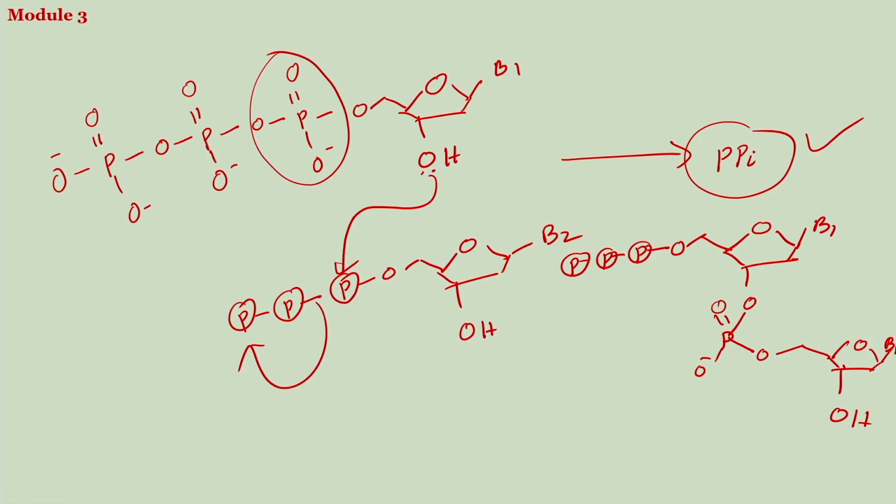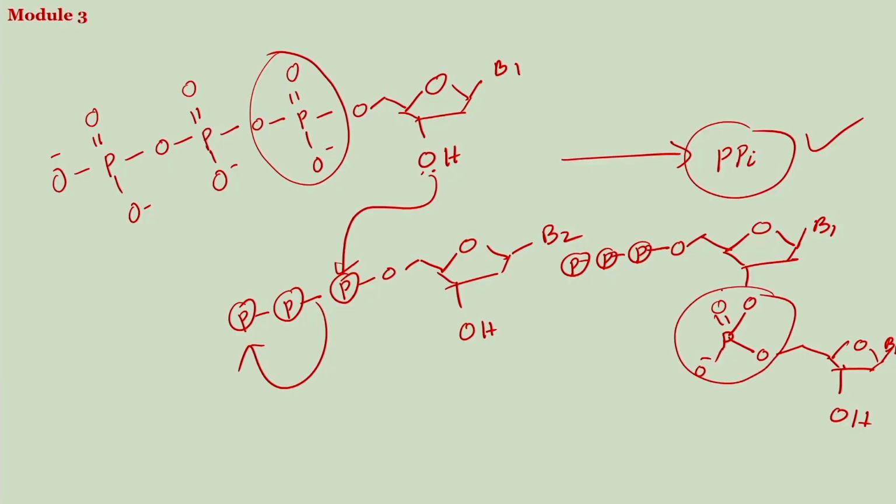That is the driving force for this reaction. This is what happens in our cells, in biological systems, to form the phosphate linkage. So in the whole replication process, whatever enzymes and steps you are seeing are basically to facilitate this reaction, only this reaction.